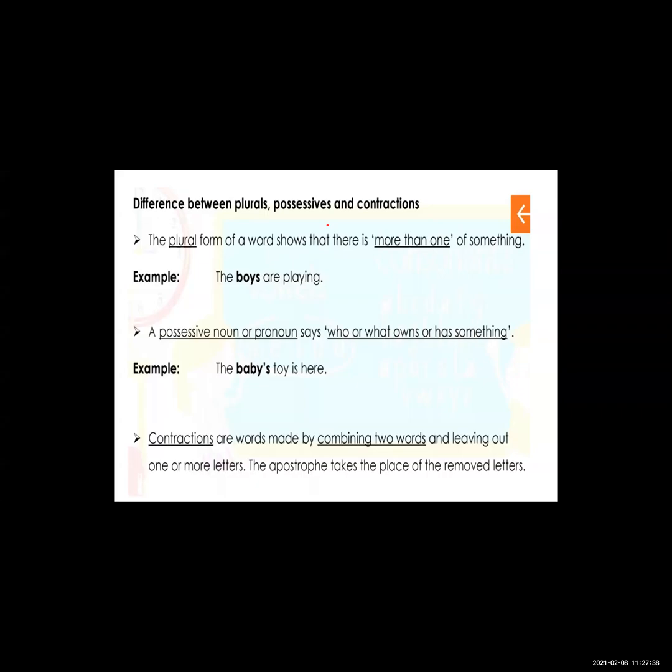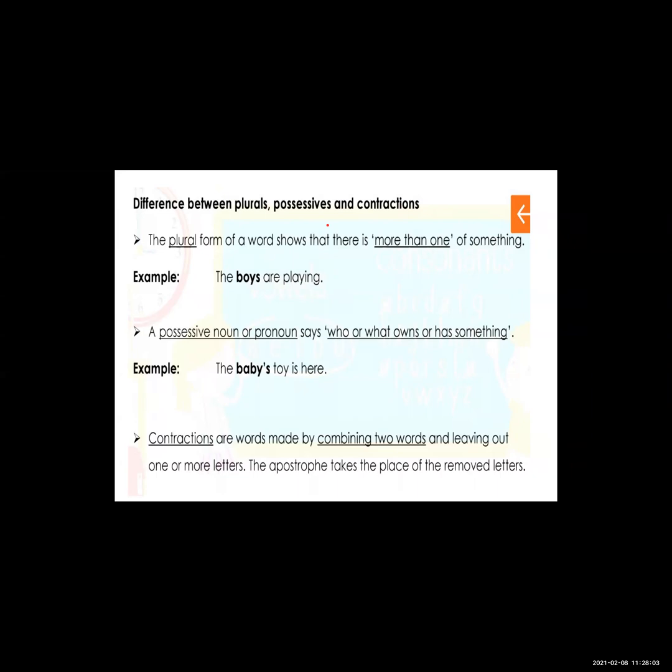Now, the difference between plurals, possessives, and contractions. The plural form of a word shows that there is more than one of something. What does the plural noun show? It shows that the things are more than one.